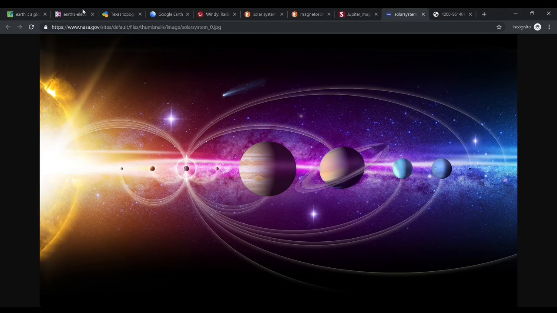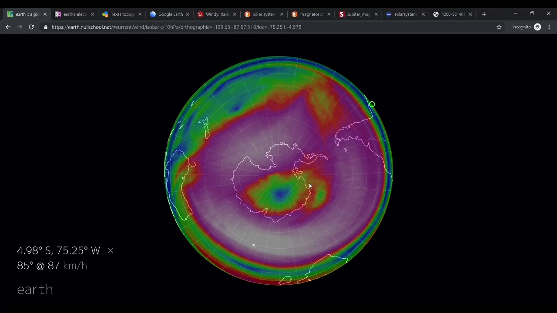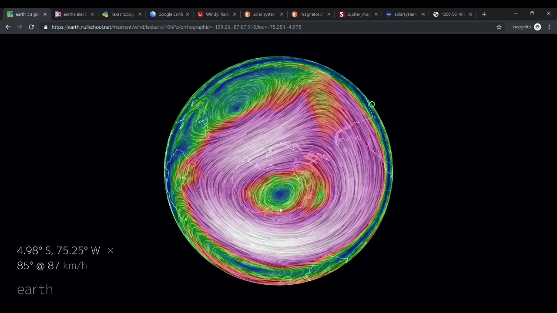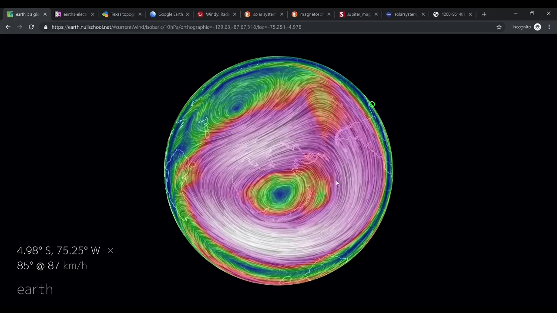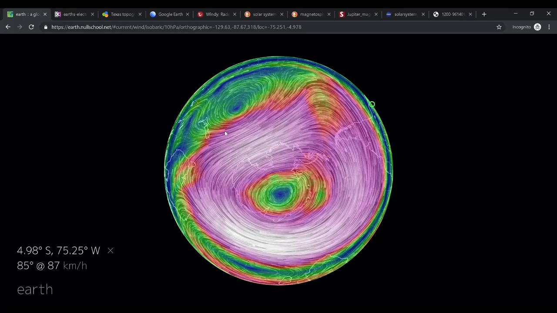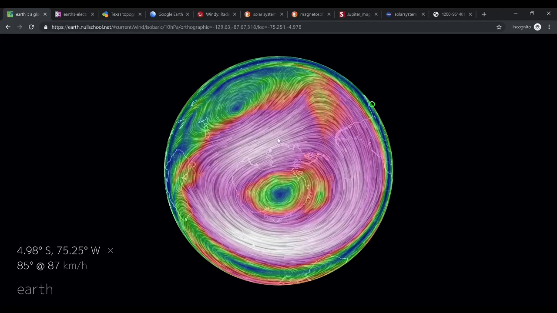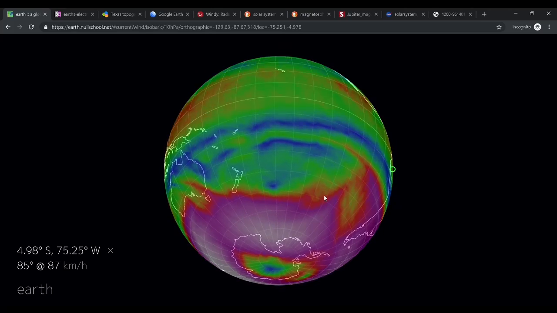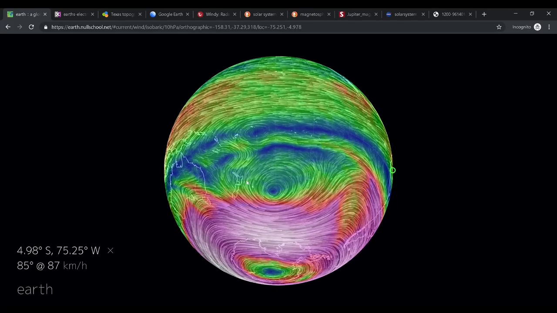So if we go back here to null school, here is the South Pole. And again, we are looking at the uppermost atmospheric layer of air or wind. All right, so you can see that it's moving in this clockwise fashion here. And you almost see a similar kind of eye of the storm rotation like Jupiter has, right?